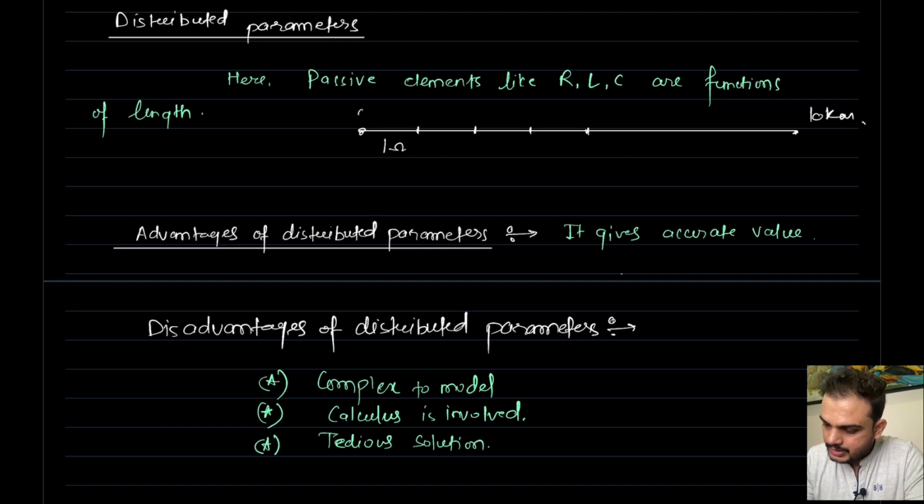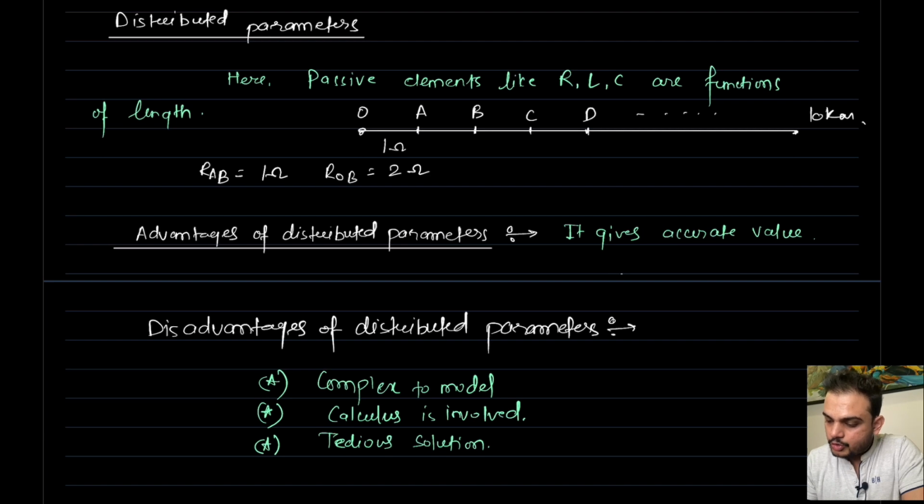Let's take this as O, A, B, C, D and so on. For example, my resistance value RAB is equal to 1 ohm. Then my OB value will be how much? 2 ohms.